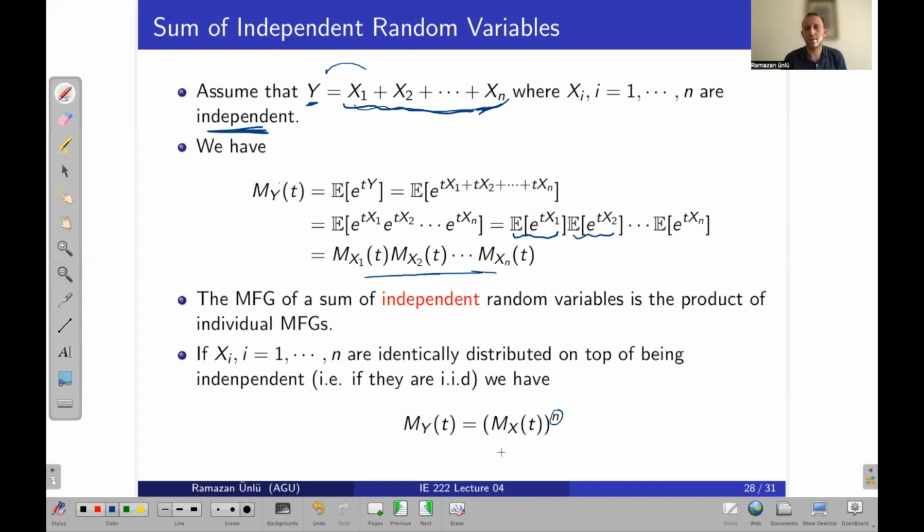If they are independent and identically distributed, we can use this equality, because these will be the same. That means they are coming from the same distribution. And remember that a specific distribution has a unique moment generating function. So the MGF will be the same for all those random variables because they are coming from the same distribution. That's why we can take the power of it.